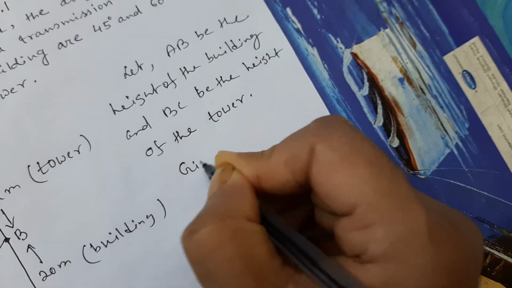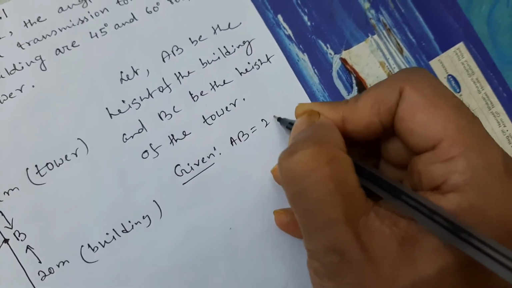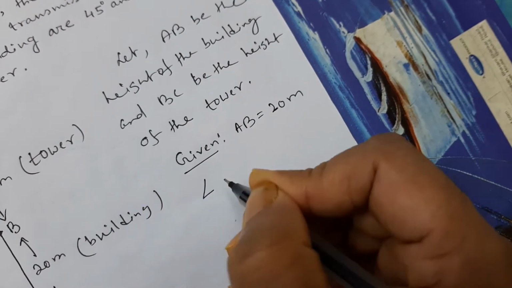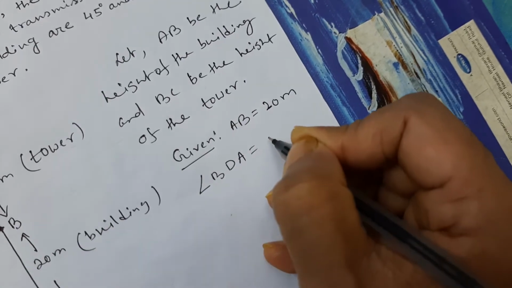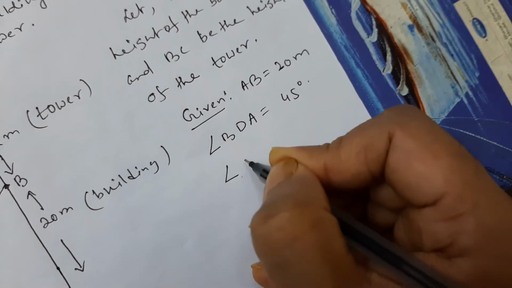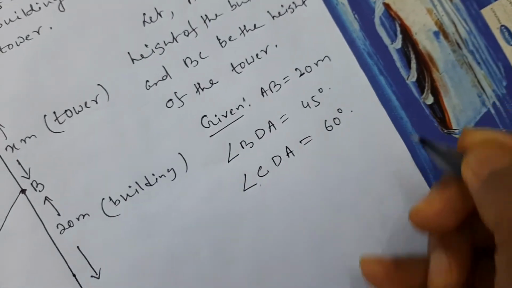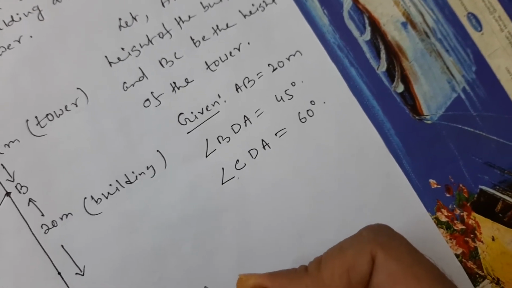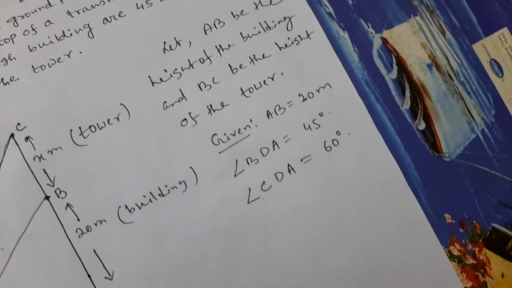Given AB equal to 20 meter, that means building 20 meter, angle BDA is 45, angle of elevation, and angle CDA is 60 degrees. These two angles are elevation angles, and the height of the building is given as 20 meter. Find the height of the tower.